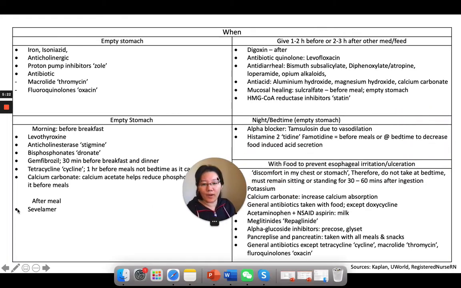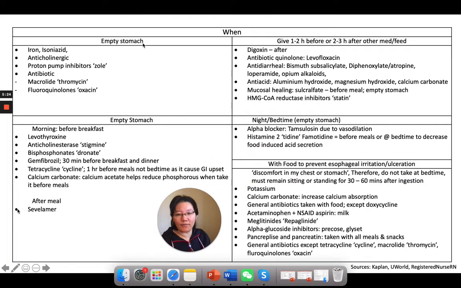Here, I put the time frame for giving the medication. This is empty stomach in general, and then there's empty stomach before breakfast and after meal. Then there's empty stomach given within the time frame of before a meal and feeding, and then there's empty stomach during bedtime. Sometimes the question can be quite tricky.